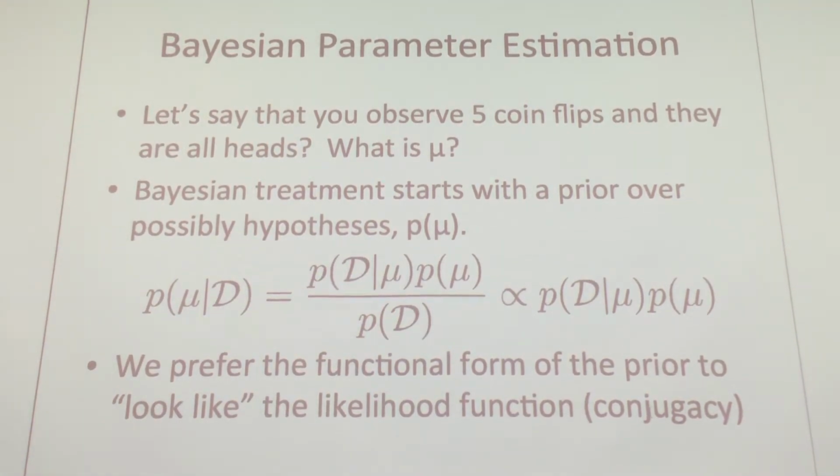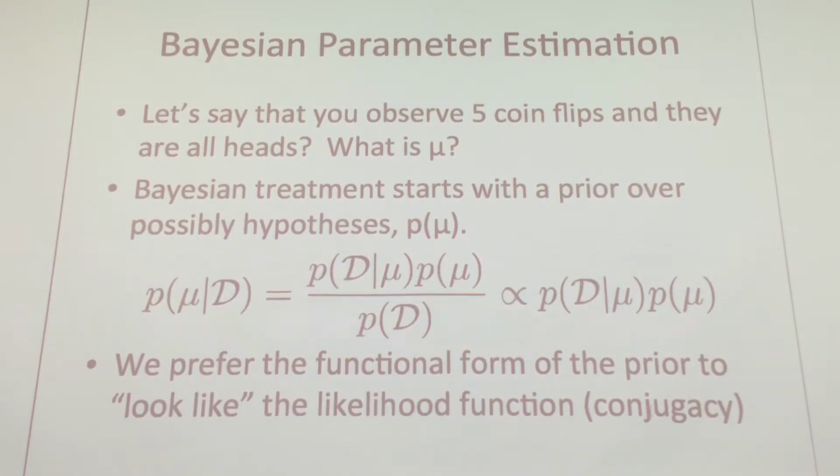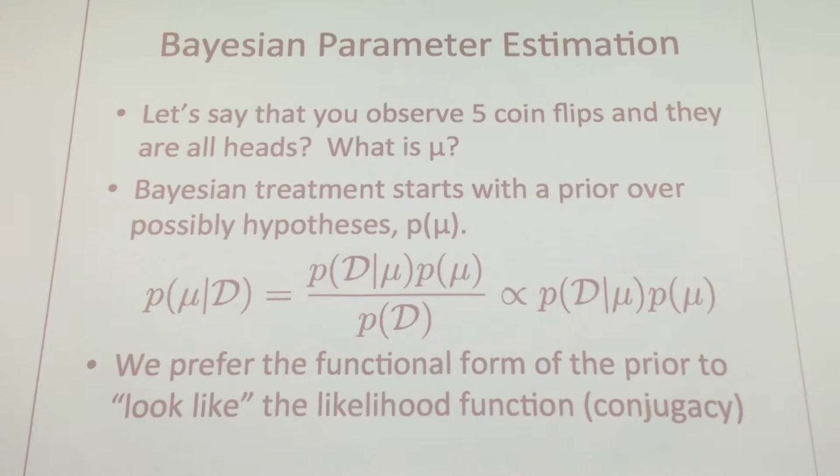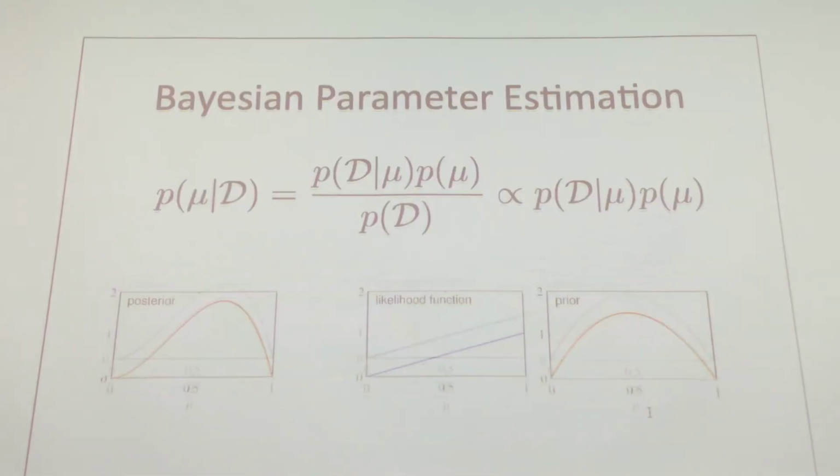For many probability distributions or parameterized distributions that people are familiar with, like Bernoulli, multinomial, there's conjugate priors. The math works out really nice because the products end up being additions and exponents, things like that.